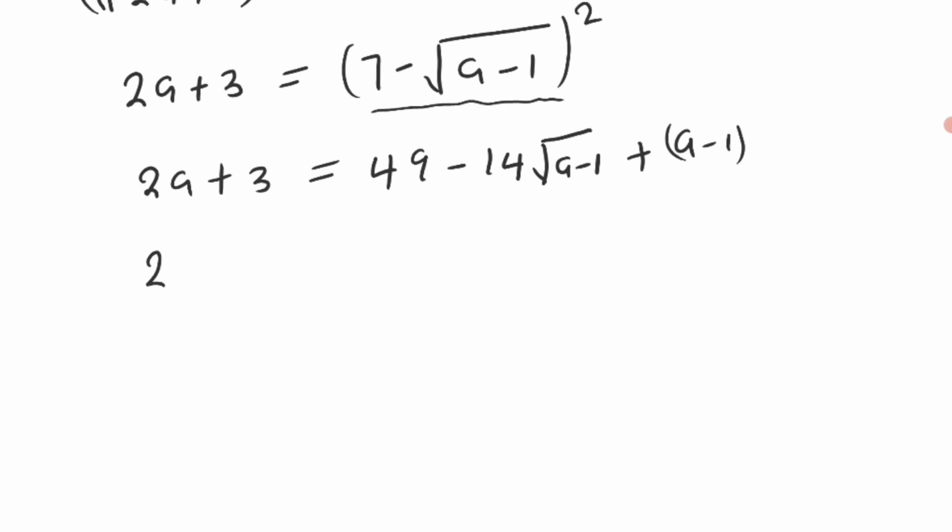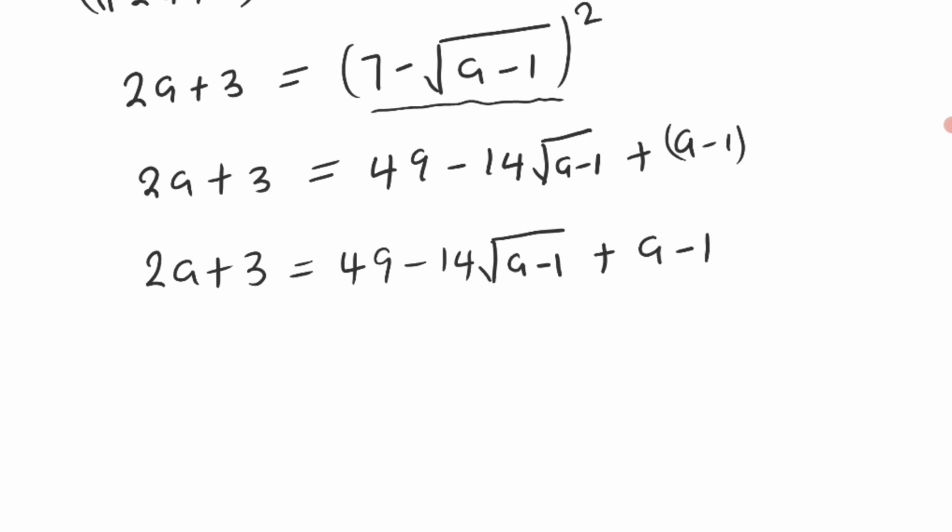So 2a plus 3 is equal to 49 minus 14 root a minus 1 plus a minus 1.